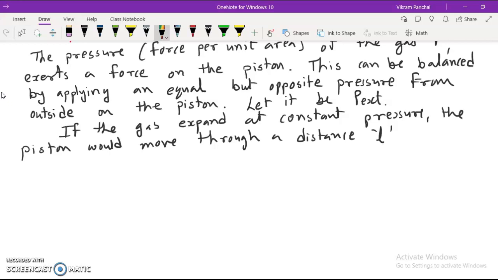Now force is equal to pressure into area, where A is the area of the piston.